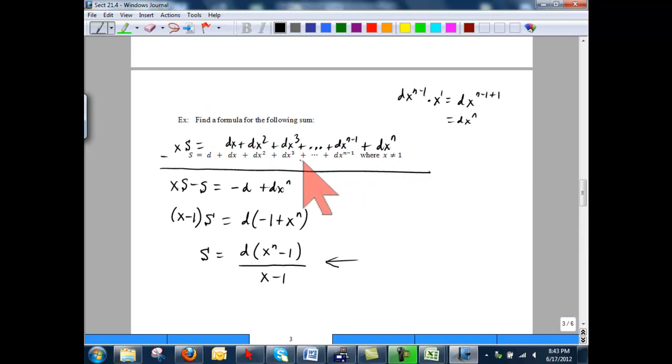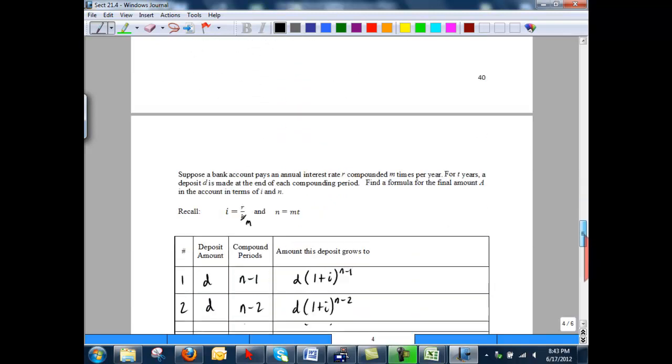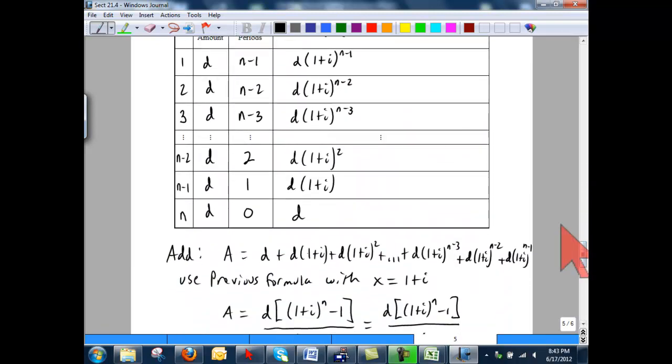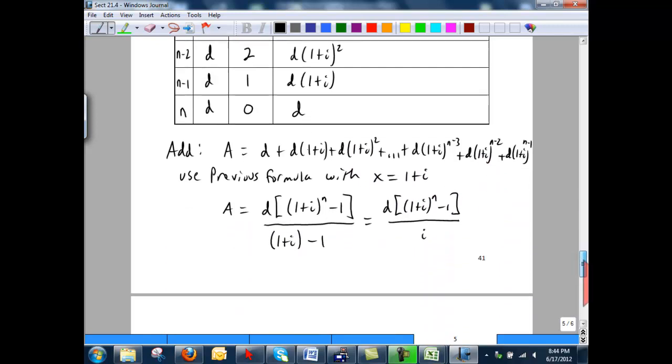You just talk about what happens when you add the terms of a geometric series. And in the example that we did, the terms of the individual amounts that deposits grow to do exactly have the form of a geometric series. So let's show some examples then of what you actually need to be able to do.